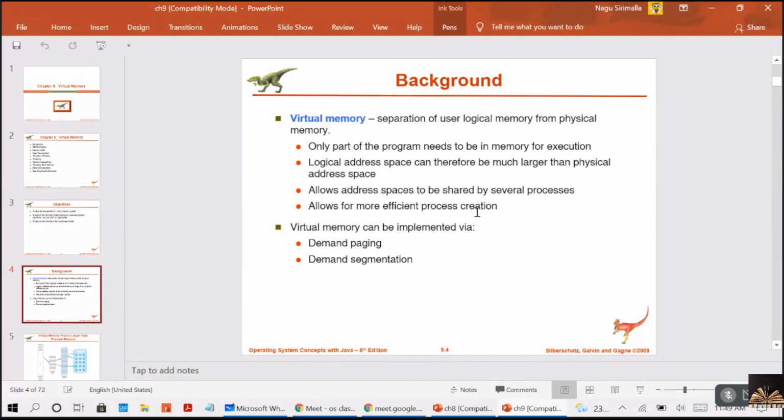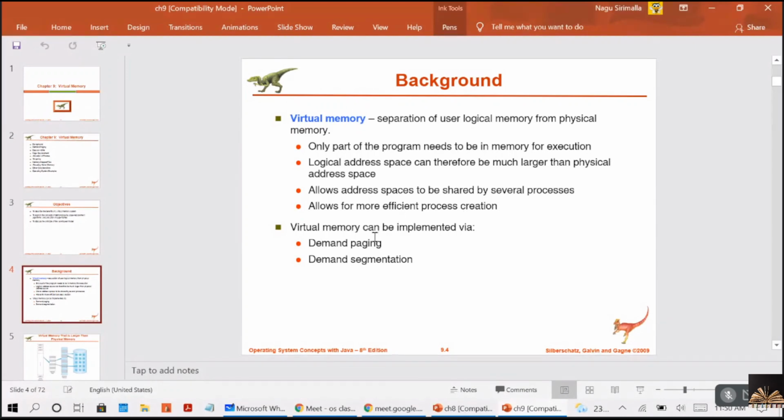Why? Because nowadays you have very fast, very efficient CPUs, so you have to make use of them properly. So if you are using this virtual memory concept, because it can accommodate so many processes in the logical address space, you are able to execute so many programs at the same time. So that means CPU utilization will be more.